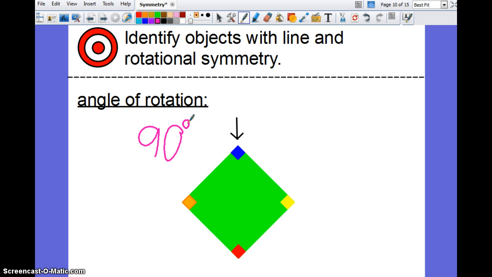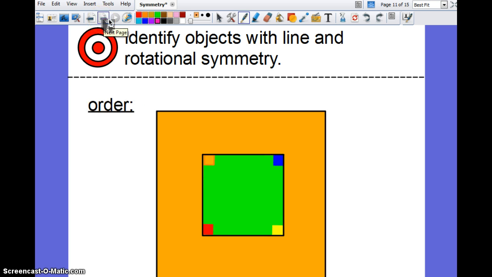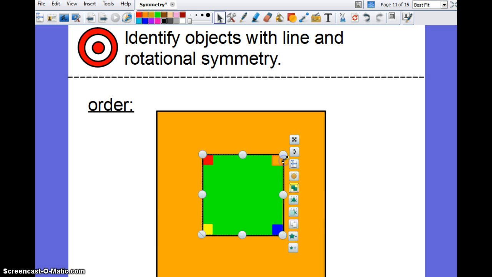Order of rotation is how many times I will rotate it before it comes back to the beginning. I have this square inside of a box so that I can see whenever I rotate it what happens to it. If I rotate it once until it comes back to itself, I've rotated it once. Let's rotate it again, and it matches up again.